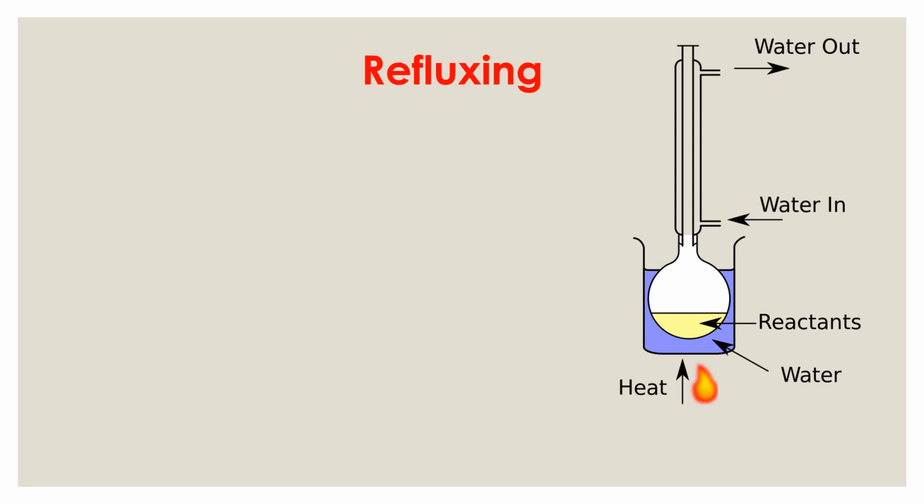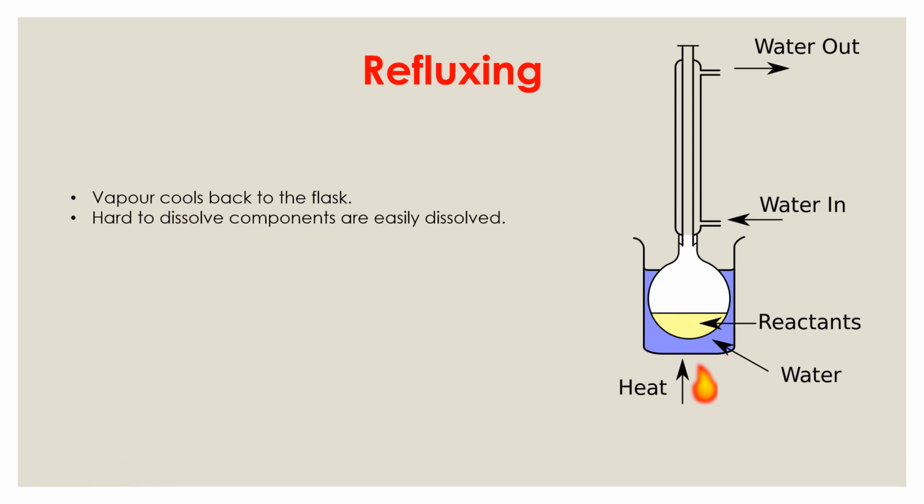Now, in this particular process, you can see how the assembly of the glassware is actually done. It is where the vapor will cool back into the flask. Now, this particular process is used for those chemicals which are hard to dissolve. So, any chemical which cannot dissolve in a normal heating method can be put into a refluxing setup.